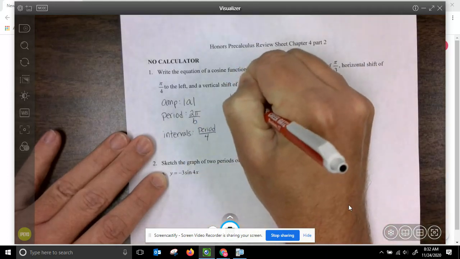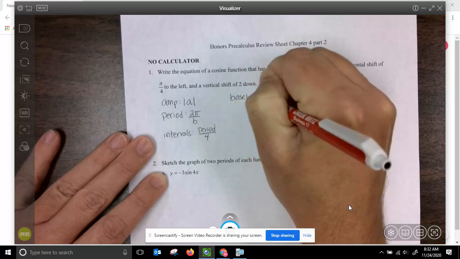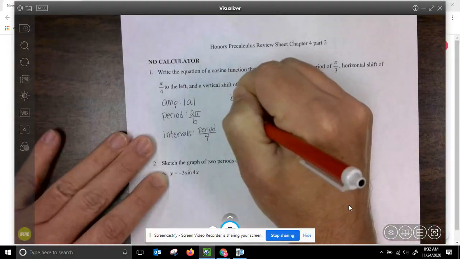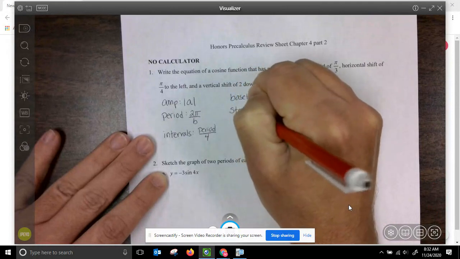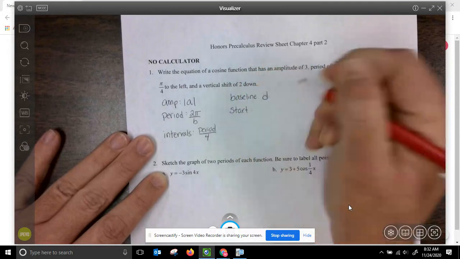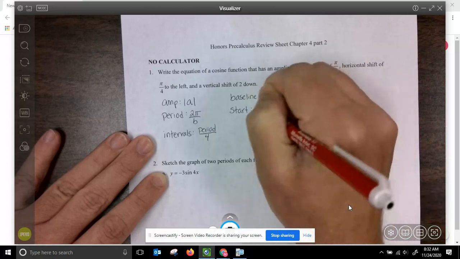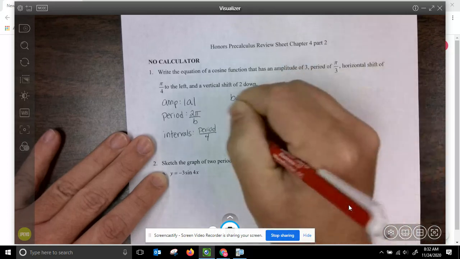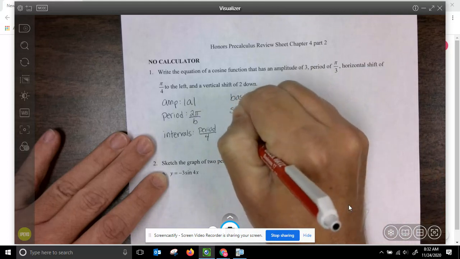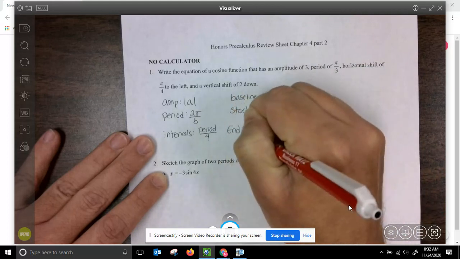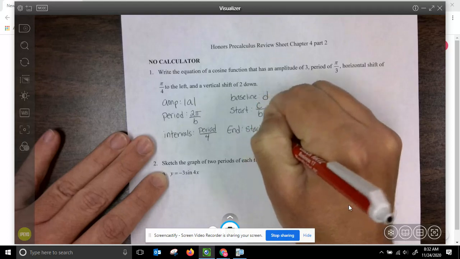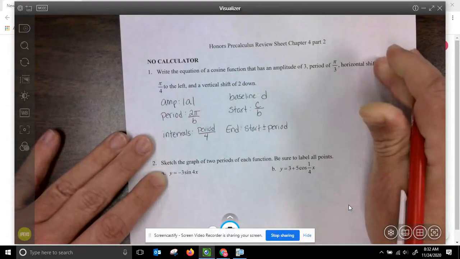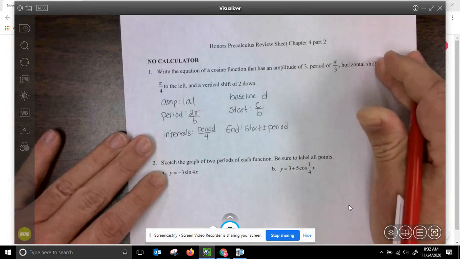Our baseline is D. Our start, which is the same thing as our phase shift or horizontal shift, is C over B. And our end, which again we won't need for this particular problem, is our start plus or minus the period. So those will help us throughout this review.